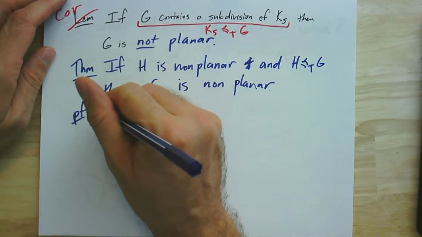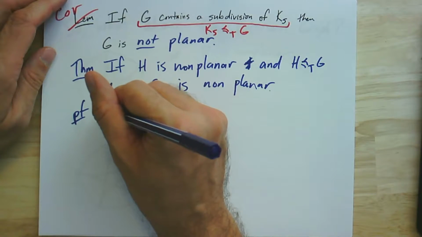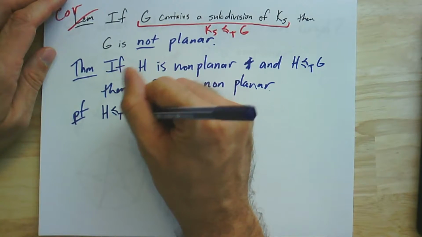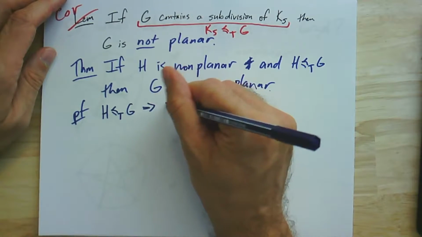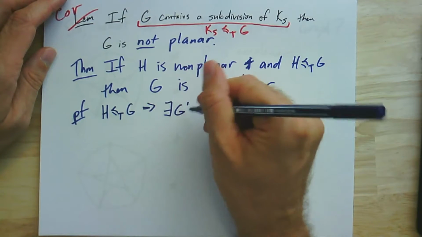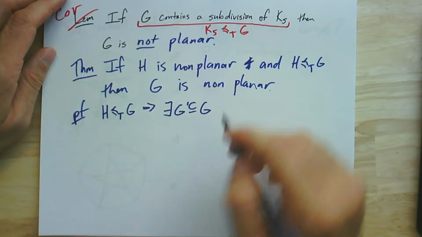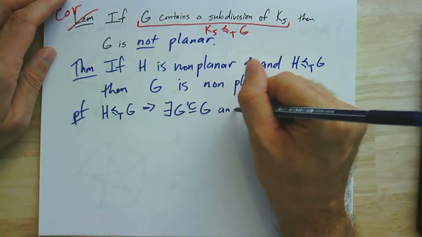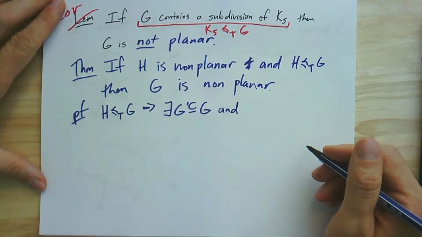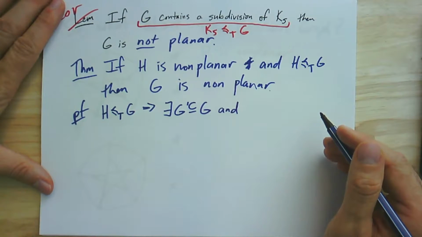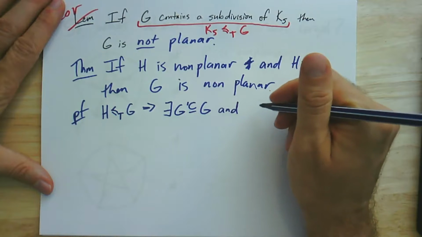All right, so what do we know? Since H is a topological minor of G, that implies there's some subgraph, G prime, subgraph of G, and that subgraph is homeomorphic to H. So let's write that homeomorphism.